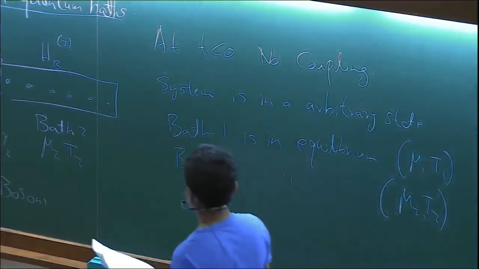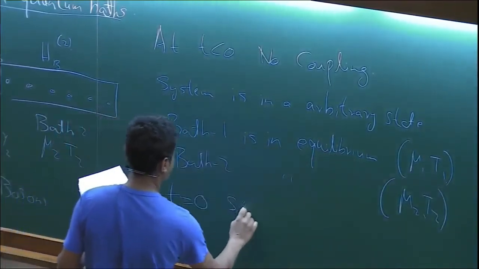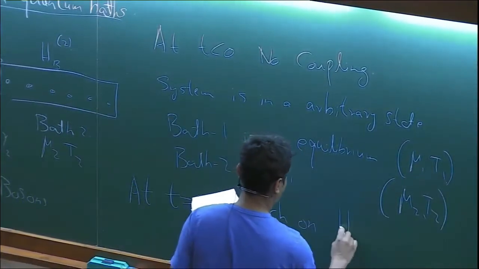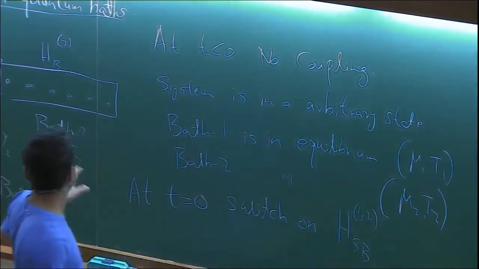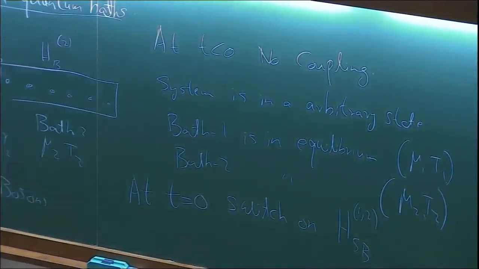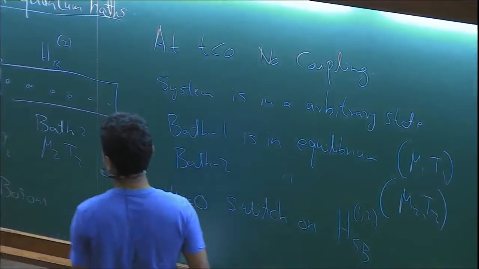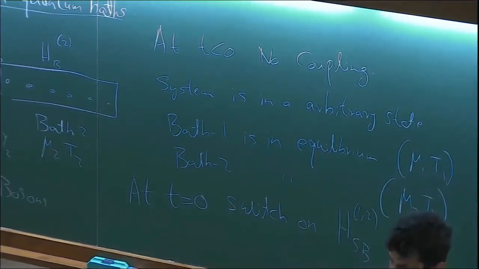Initially these are two systems in equilibrium, and I also assume that these are infinite systems. Then at t equal to 0, I connect the system, switch on the coupling, and then evolve the entire system with the full Hamiltonian.